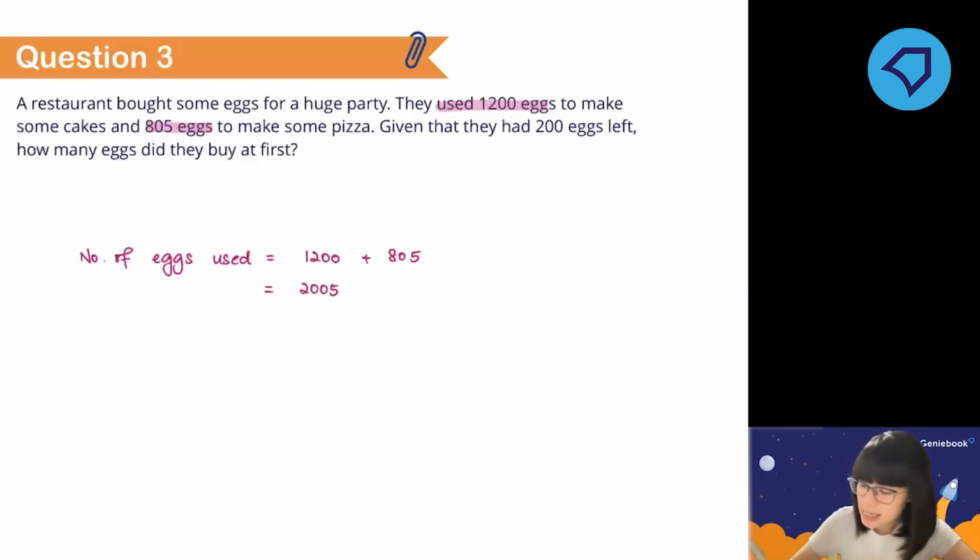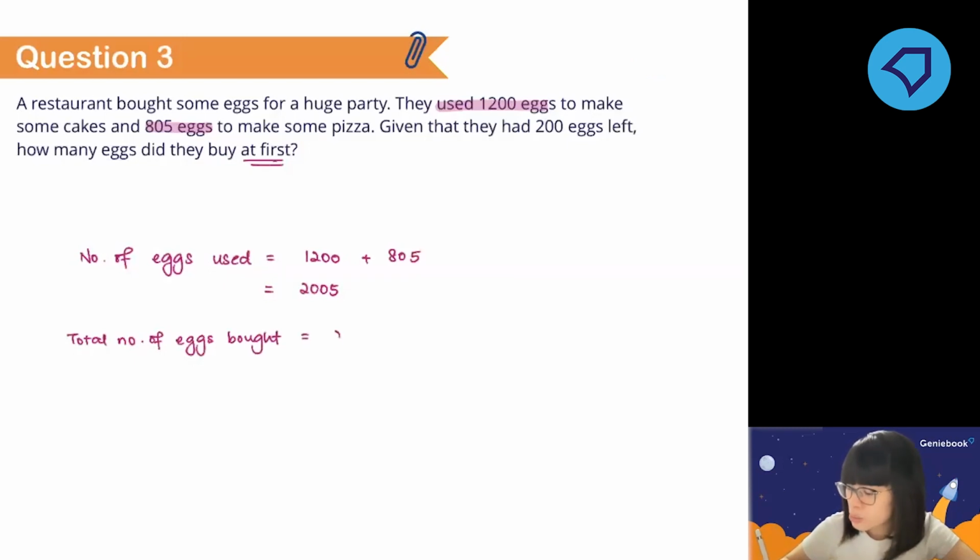Okay, but the question is asking for the number of eggs at first. All right. So total number of eggs bought at first, at the very beginning. That means they use this amount. We have to add how many that they have left. So 2005 plus 200 will give you 2,205.